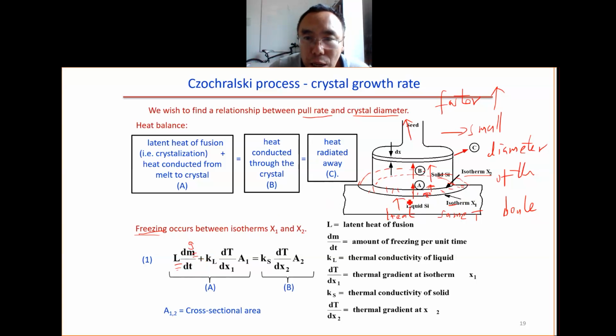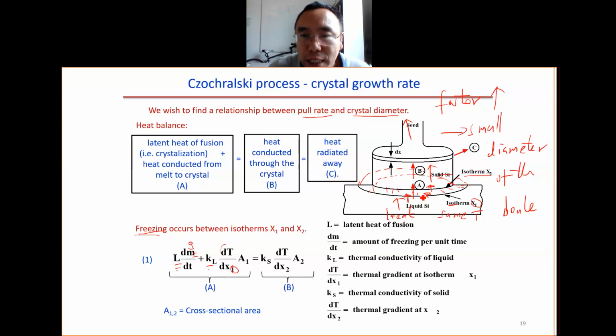Apply the heat from here. This is the heat connected from the melt to the crystal. The heat conduction is given by thermal conductivity, temperature gradient, and area A1, over dx1. This is 1 because this is the isotherm X1.